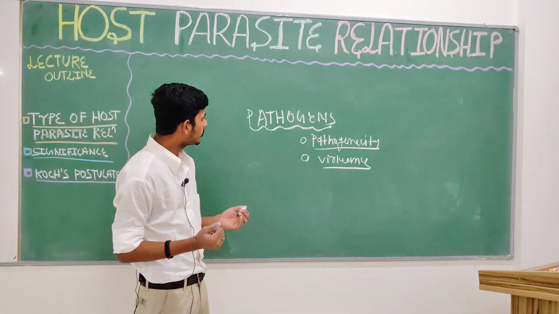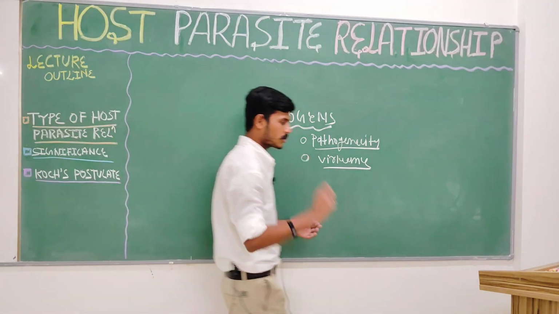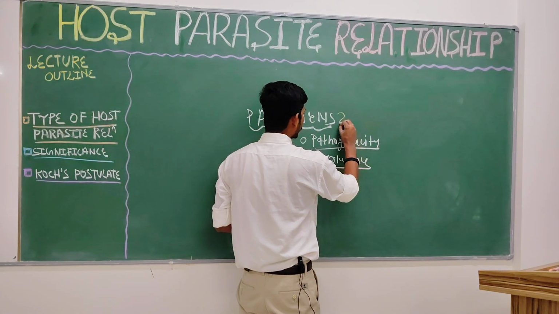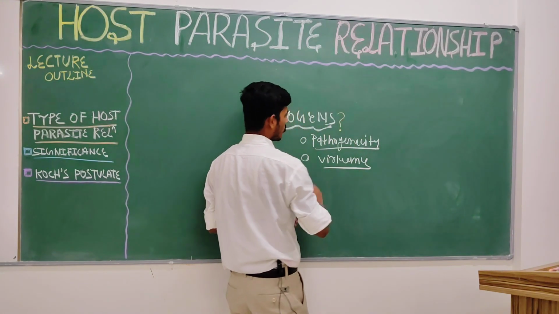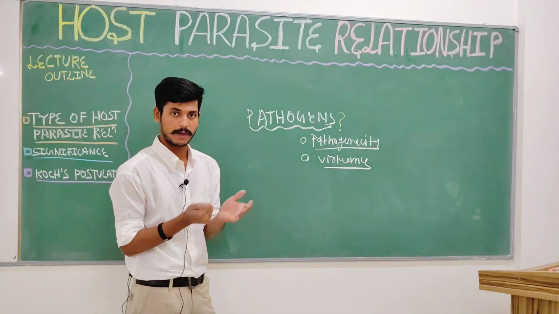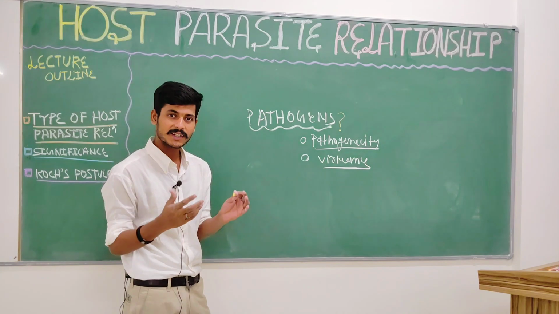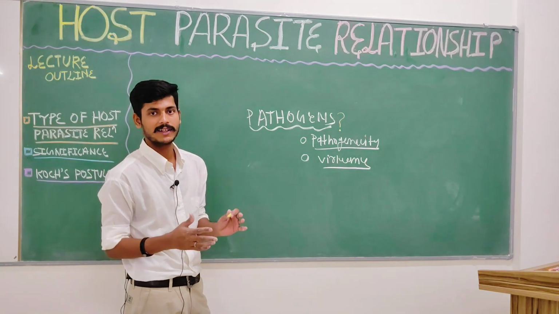Now there is one question: how can we classify that one category of organism is a pathogen and another category is not a pathogen? Is there any way to classify this?